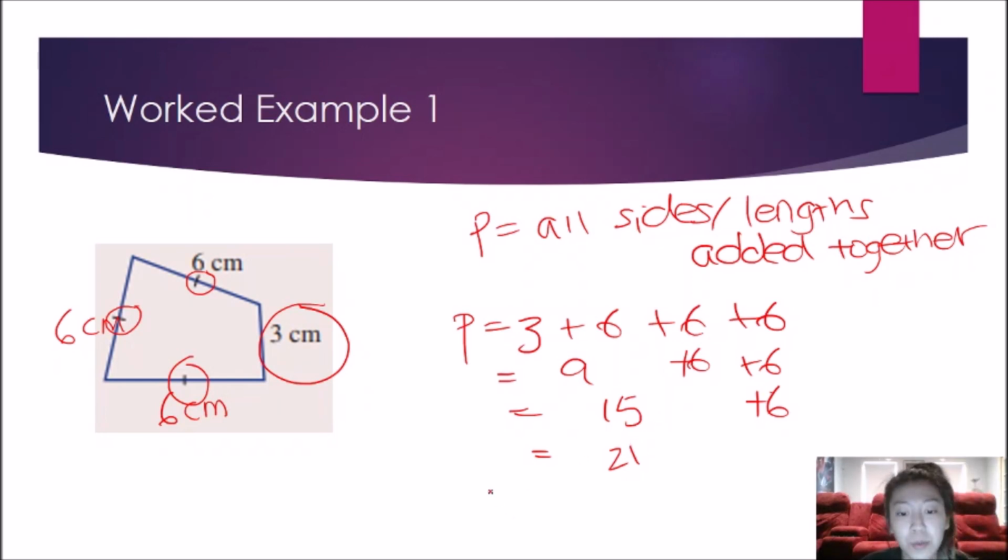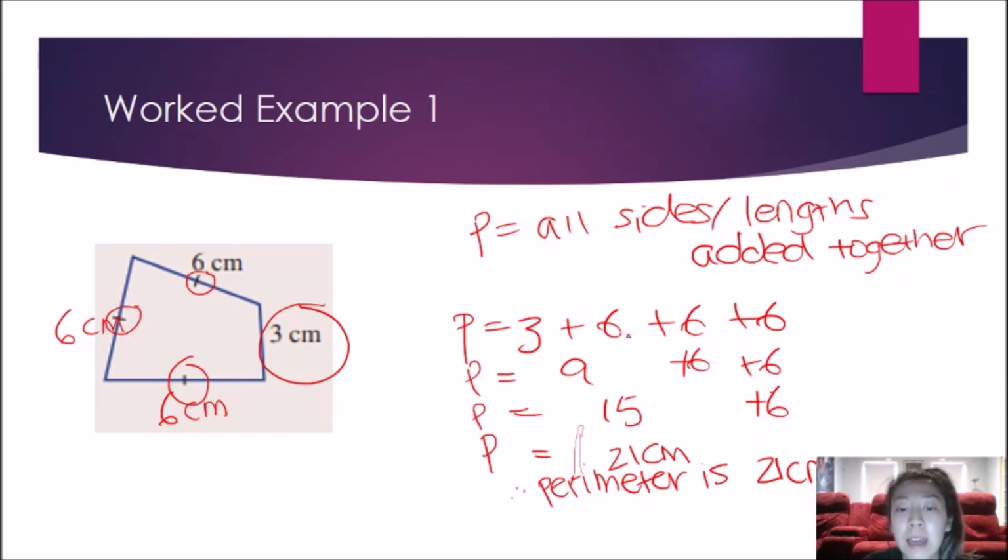You must write, therefore, perimeter is 21 centimeters. You're more than welcome to put centimeters here, and you're more than welcome to write P over here.